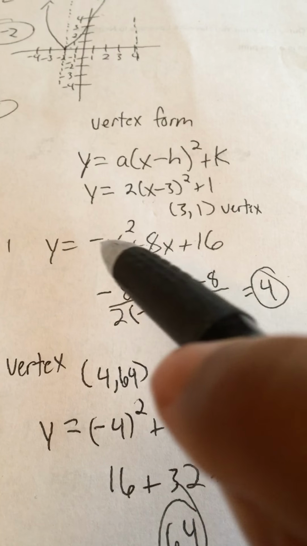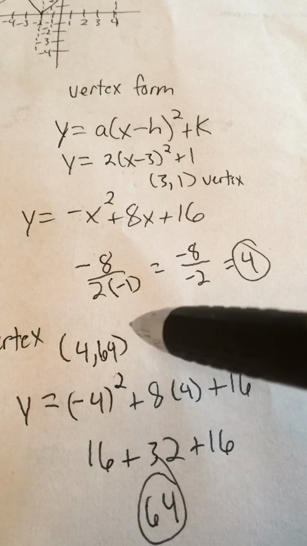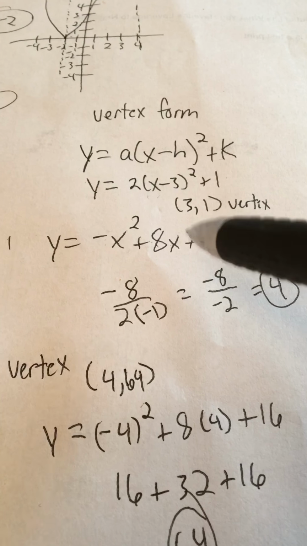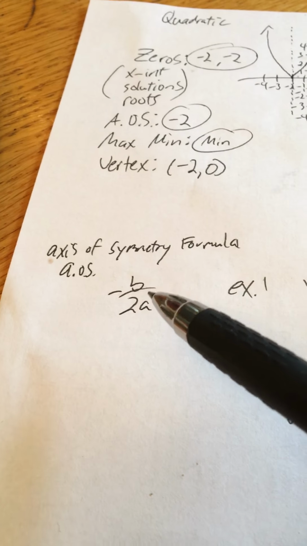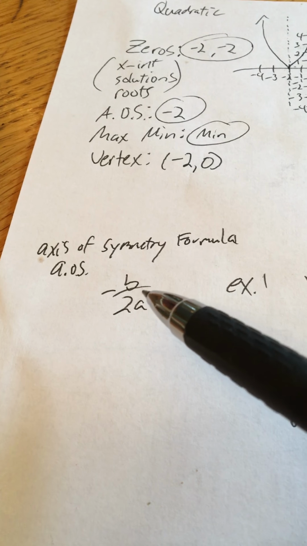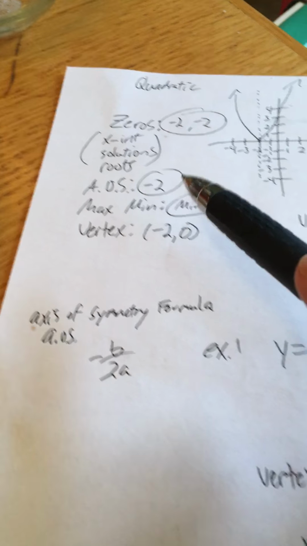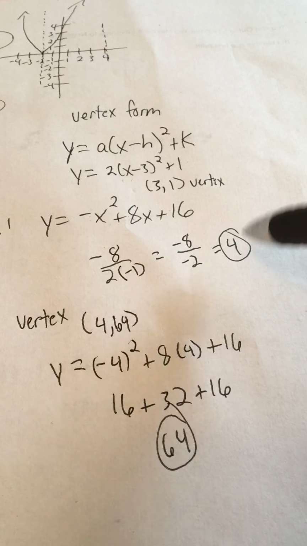Right here, it is not in vertex form. This is called standard form. You cannot just eyeball that and figure out that 4, 64 was the vertex. I mean, come on. That ain't gonna happen. Okay, so we had to utilize this formula that some very brilliant people came up with to figure out what the axis of symmetry is to this problem, which happened to be, when we used the formula, positive 4.